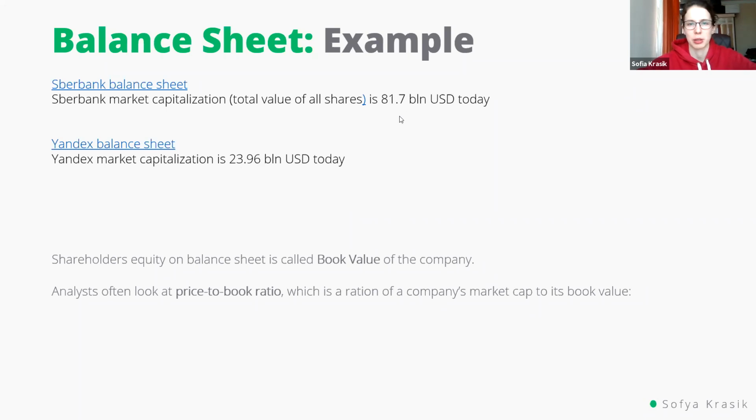So it would be a little bit higher than 1. And for Yandex, it would be around 24 divided by like 4.5 or something like this. So for Yandex, it would be much higher. And here you can see the current price to book value for Sberbank and for Yandex. And they are on very different levels.